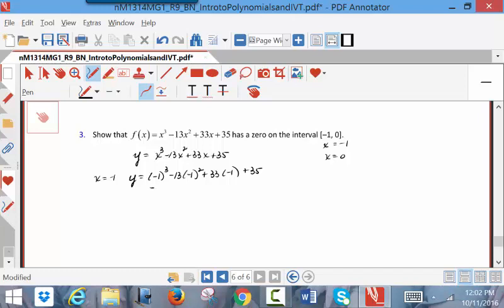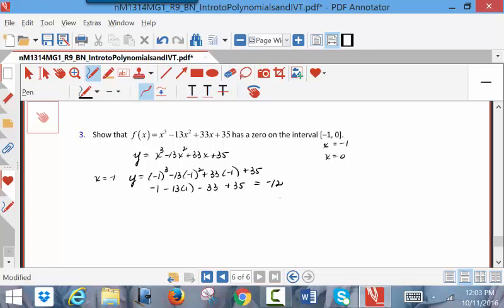This is negative 1, negative 1 squared, so minus 13 times a positive 1, minus 33 plus 35. That's a negative 1 minus 13, which is a negative 14. A negative 14 minus 33 is a negative 47. And a negative 47 plus 35 is a negative 12, right?